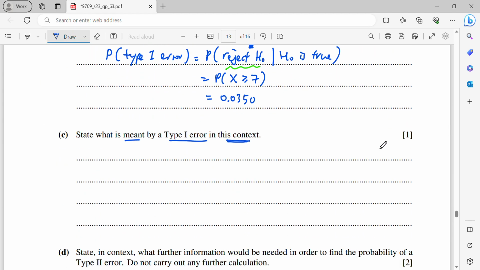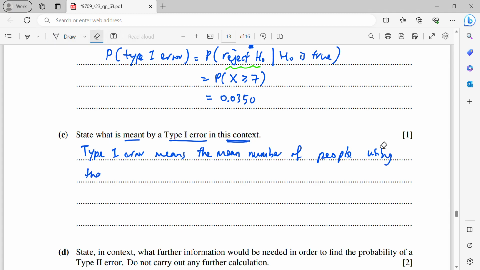Okay, so I will write this. Type 1 error means the mean number of people using the footpath per 20 minute period in the evening had increased.